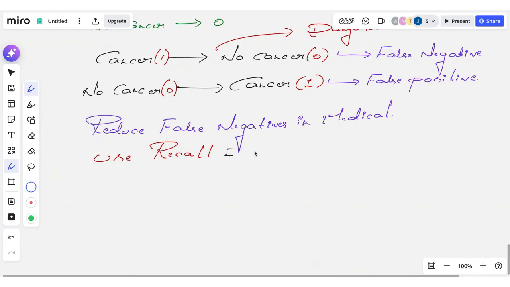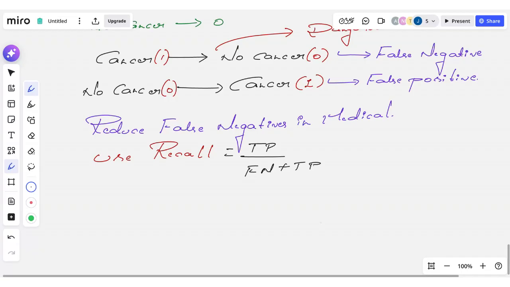Why do we use recall? You know the recall formula: true positive divided by false negative plus true positive. Out of all the actual positives, how many are correctly classified? That's what we are looking for.